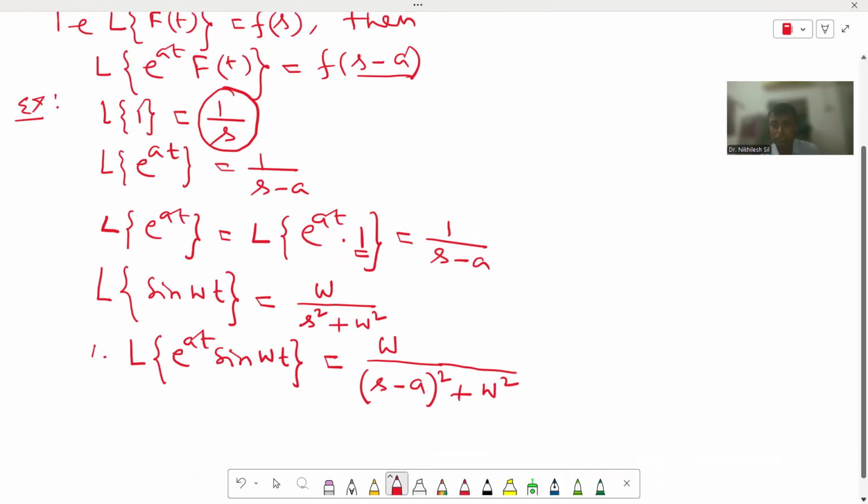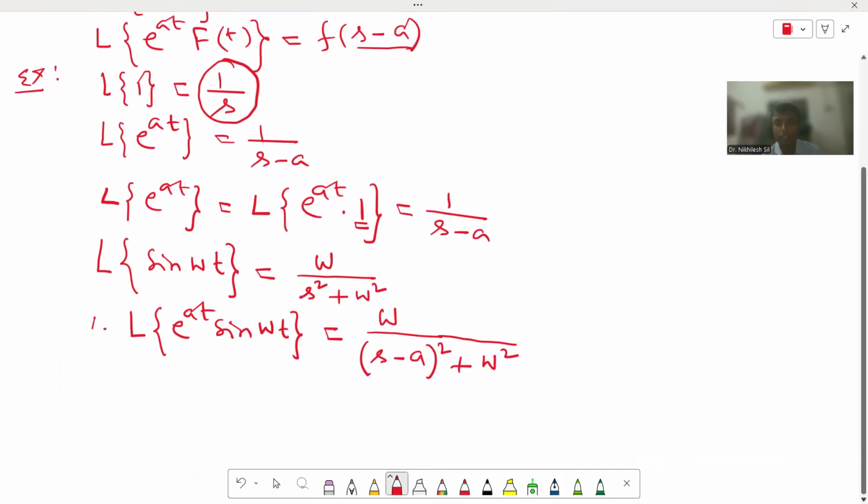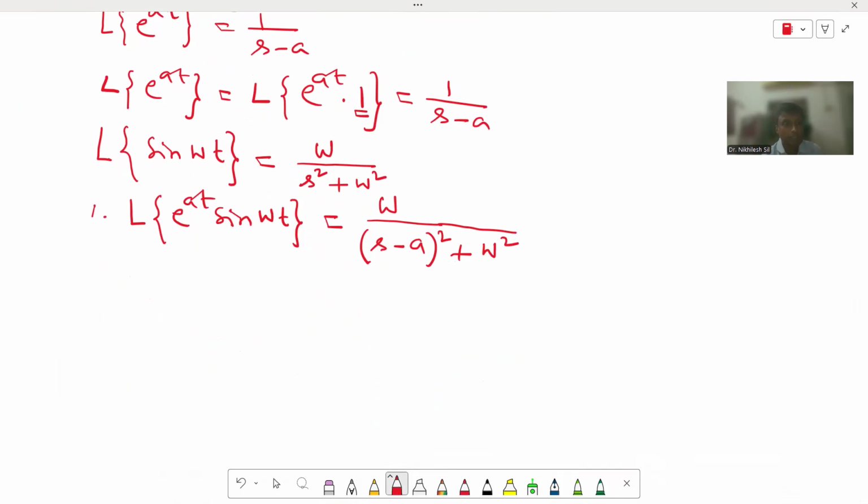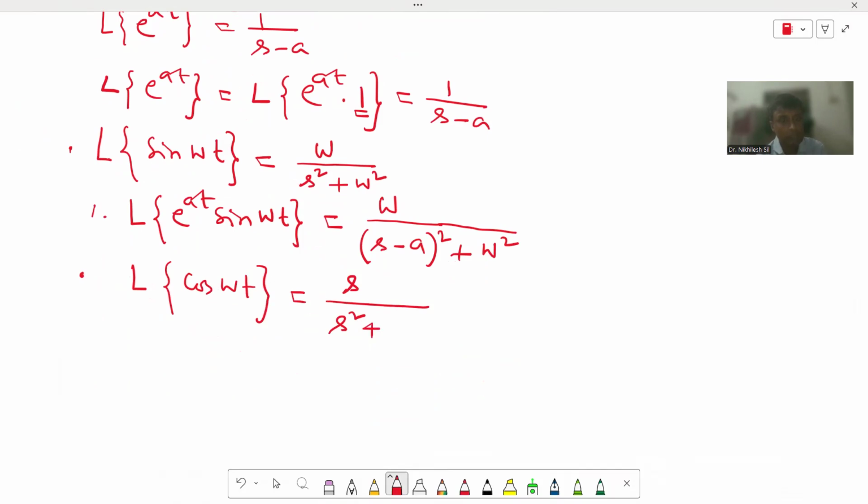Similarly, what is Laplace of cos omega t? Laplace of cos omega t is equal to s by s square plus omega square.